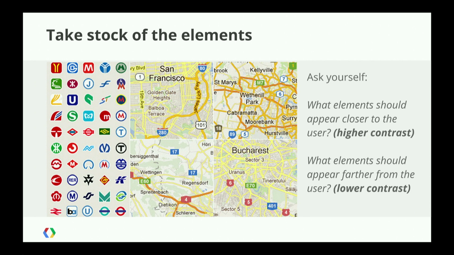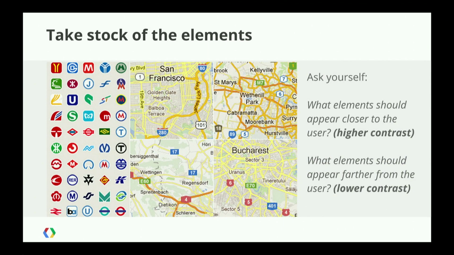And again, that role they play is dependent upon the type of map that you're creating. And so as you take stock of those elements and information types, you begin to decide, okay, how prominent should transit be on a map of San Francisco? Or on a map of Prague, or on a map of Sydney, Australia. And so if you want those elements to really pop out, if that contributes to the effective meaning of your map, then make those components high contrast.